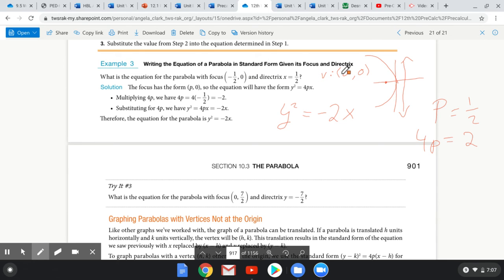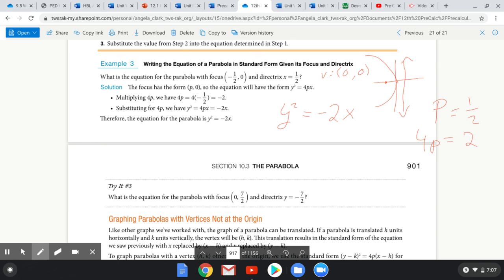It would be 0 minus negative a half. 0 minus negative a half is a half. So you can do that. That's fine. Or you can also go from the directrix. So it would be 1/2 minus 0, right? Which again is a half.